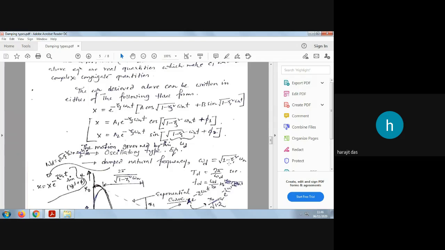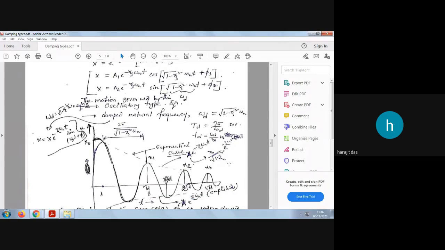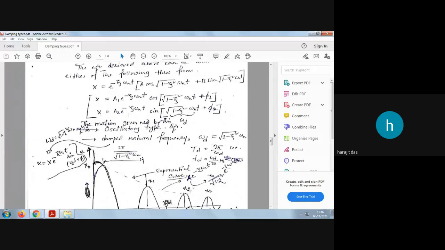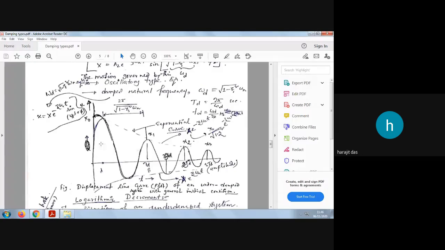If you want to plot the graph for this expression, you will get this kind of graphical representation. This vertical axis is for the displacement, and this horizontal axis is for time; these two axes are mutually perpendicular.